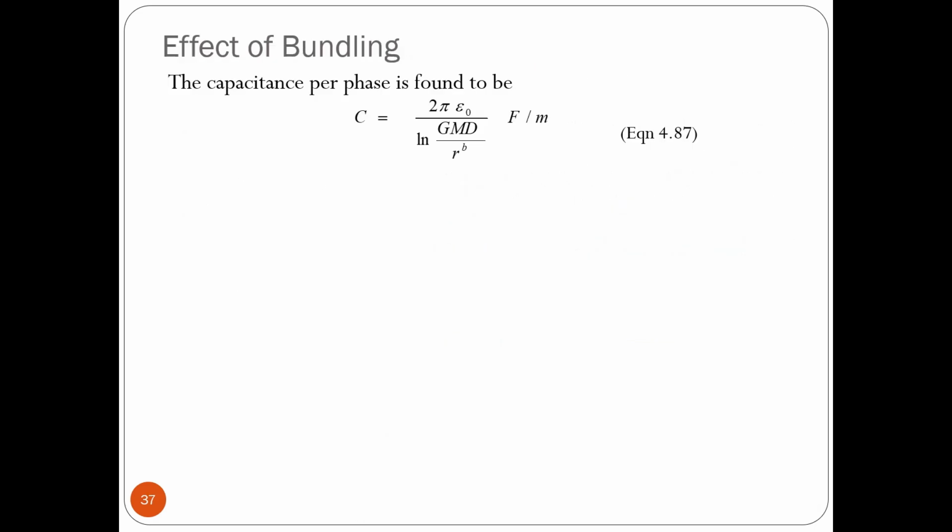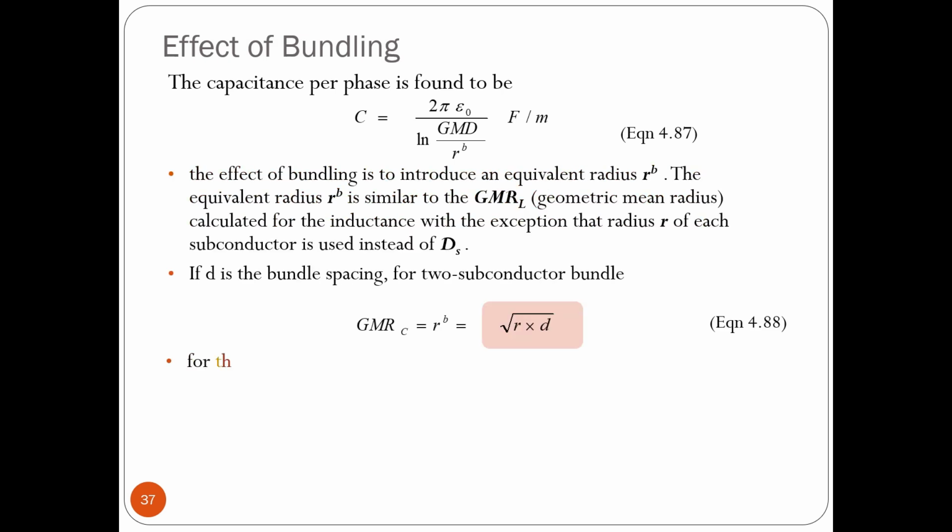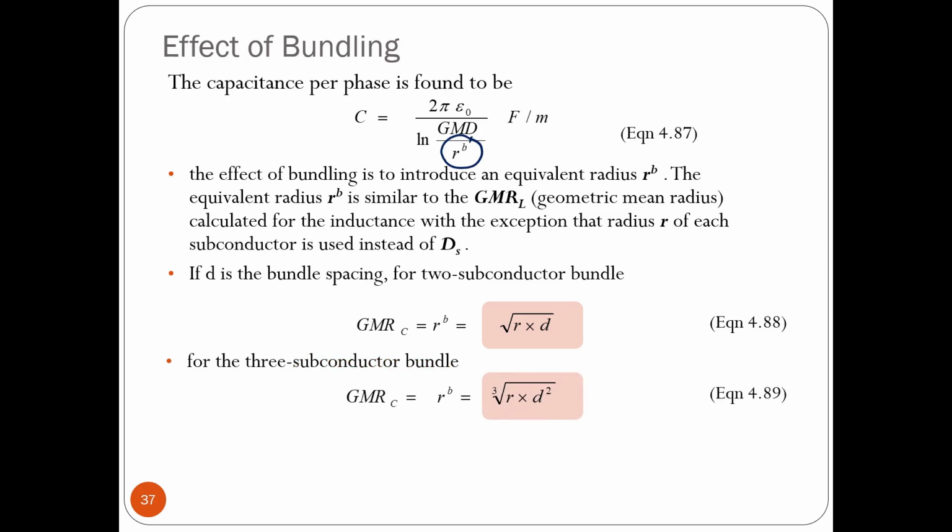Okay, so the capacitance per phase is found to be as shown. The bottom part here, which is RB, is similar to DS, but in this case it is called GMRC. Just now, the R prime value, which is also called DS, is known as the GMRL.